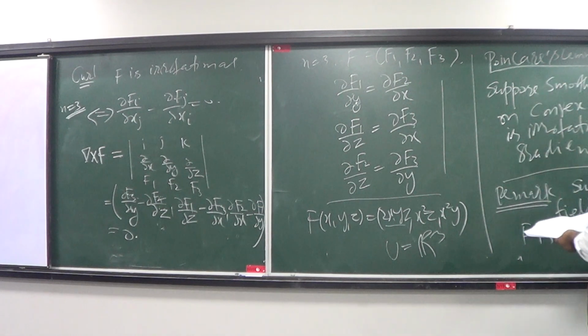Now, in 3 dimensions, you can write the Poincare Lemma in another version. What would be the version of a 3-dimensional Poincare Lemma? One version is this. What would be the other version?